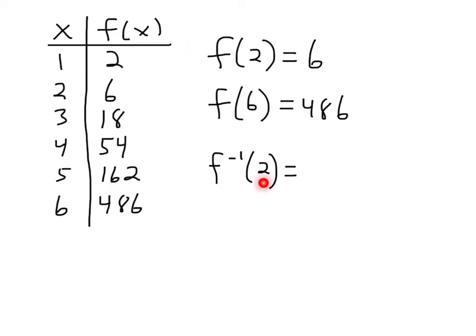So 2 is an input for the inverse function. Now that means it must be an output for the original function. So we have to find 2 as an output in the original function, and f inverse would send that 2 back to the number 1.